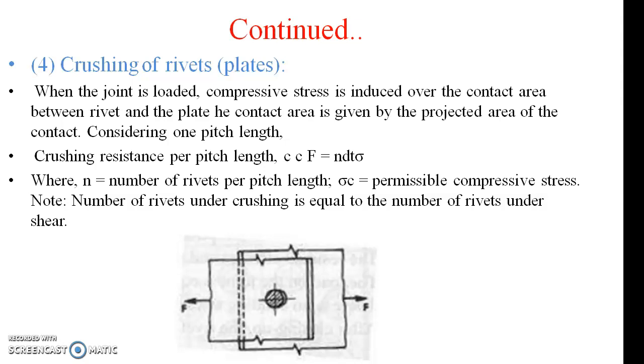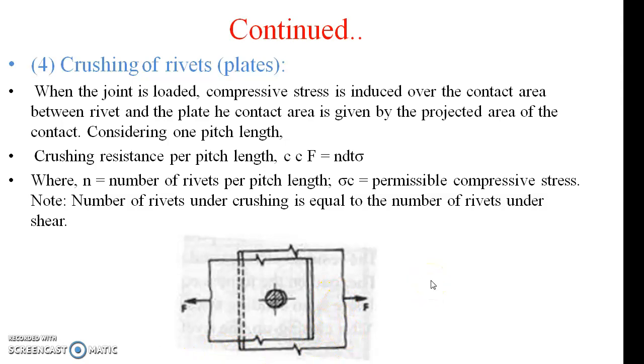So considering one pitch length, the crushing resistance per pitch length is Fc equal to n d t sigma c, where n is the number of rivets per pitch length and sigma c is the permissible compressive stress. Note that the number of rivets under crushing is equal to the number of rivets under shear. So here is the crushing of rivet diagram.